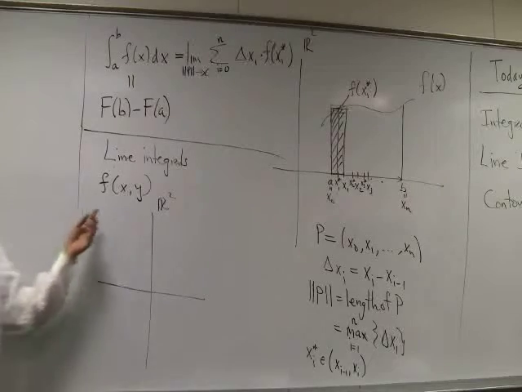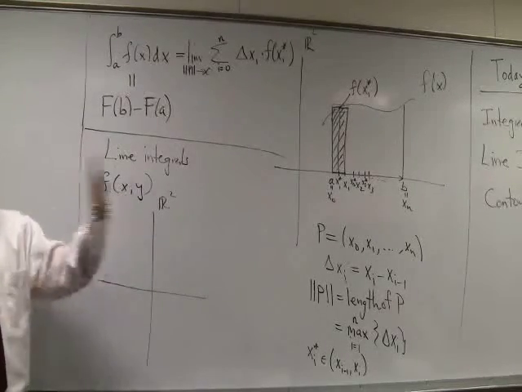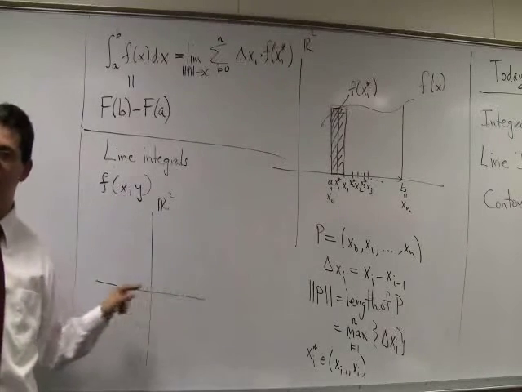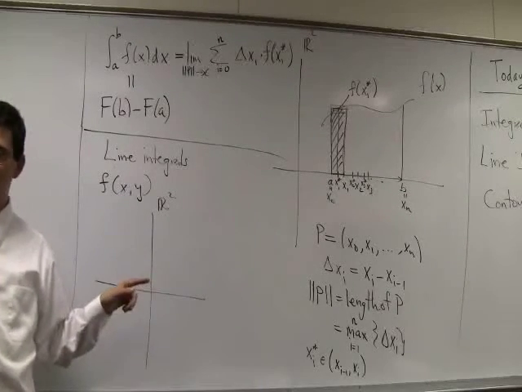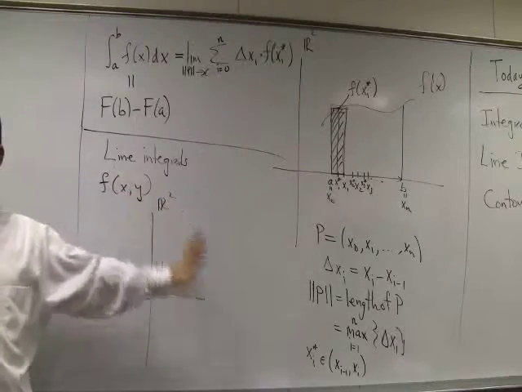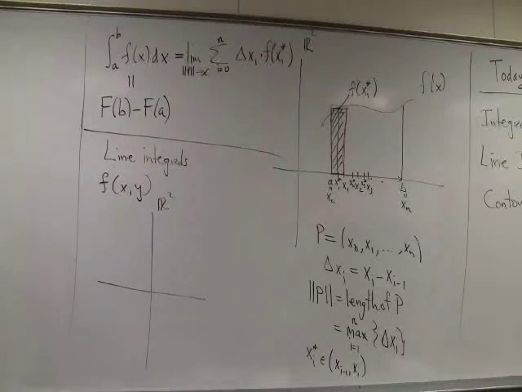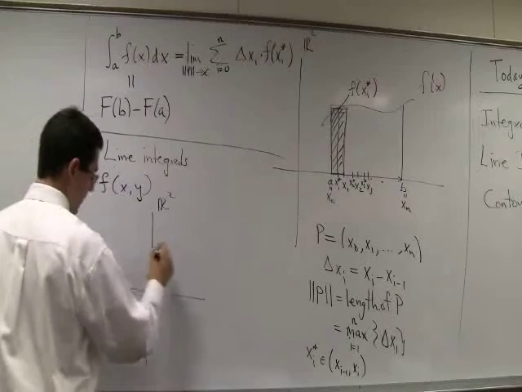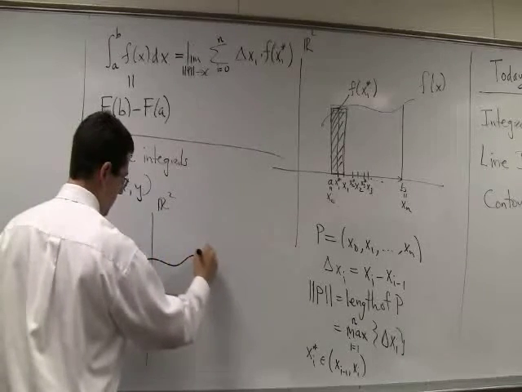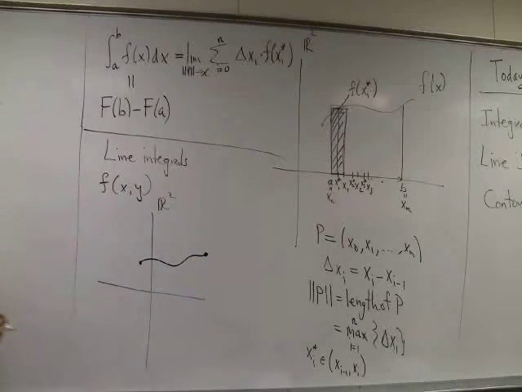Namely, if I want to integrate along some path, the path doesn't have to just live on the real number line anymore. The inputs can be anywhere in the plane. So we're going to want to say, what do you do if you want to integrate over a path like this?